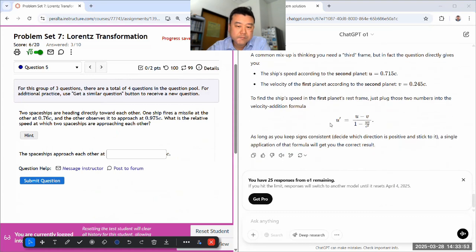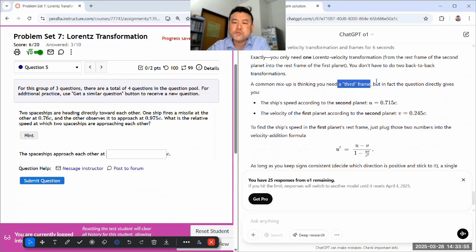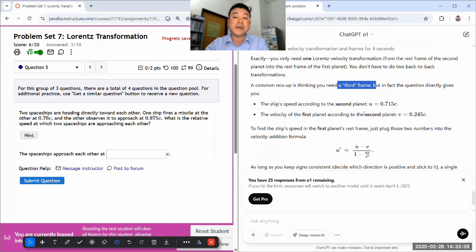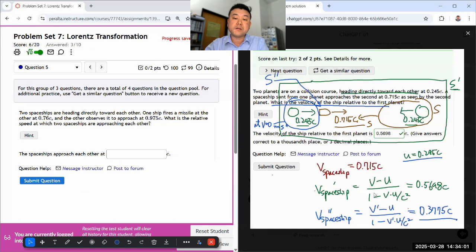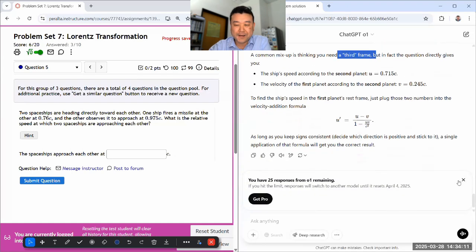Yeah, the common mistake. In fact, if you use a third frame, that'll make the question way more complicated. If you're thinking of a center of mass frame, these planets are not moving at half this speed, so it's just overcomplicating things.